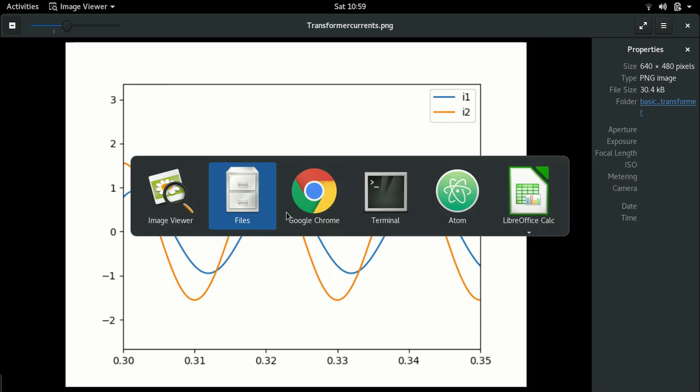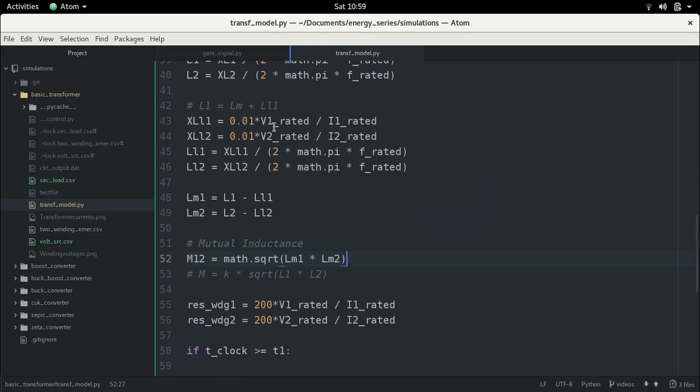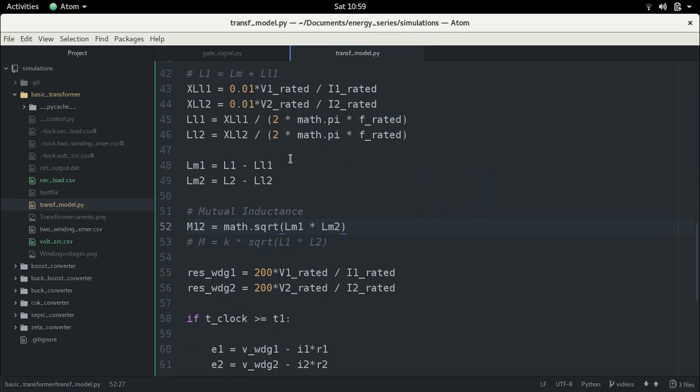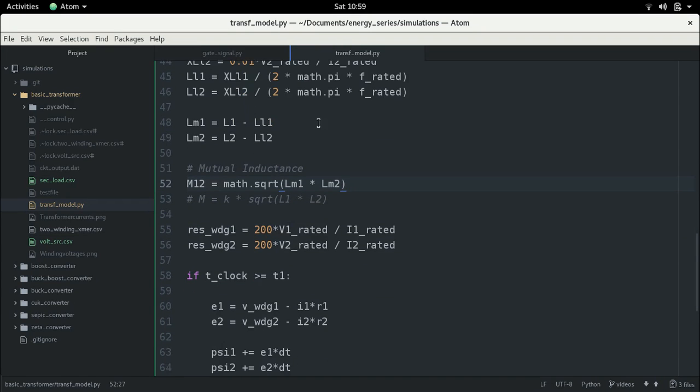So let me go and have a look. If we go back to the code, we'll see that we have simulated a magnetizing current, right? Now, the magnetizing current is the current which will be drawn even when there is no load connected.